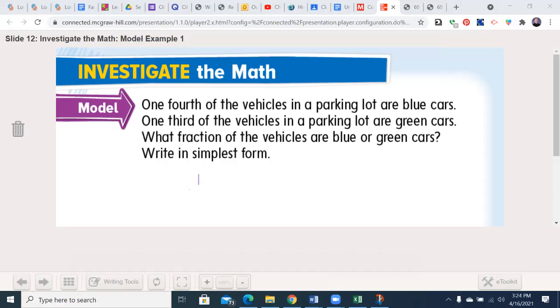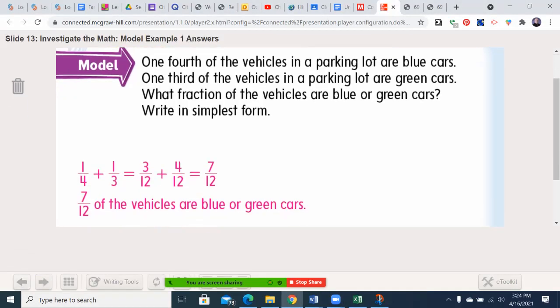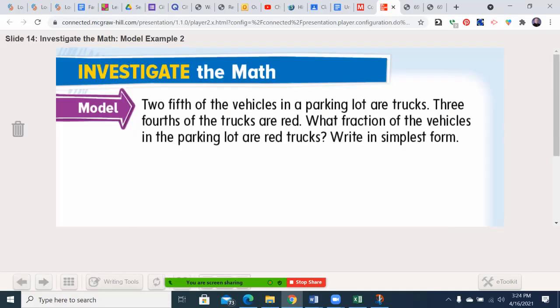So we have 1/4 plus 1/3. See all the work you had to do here just to get 7/12. That's a lot of work, but that's adding. And we're not going to keep adding today. We're going to go ahead and multiply.